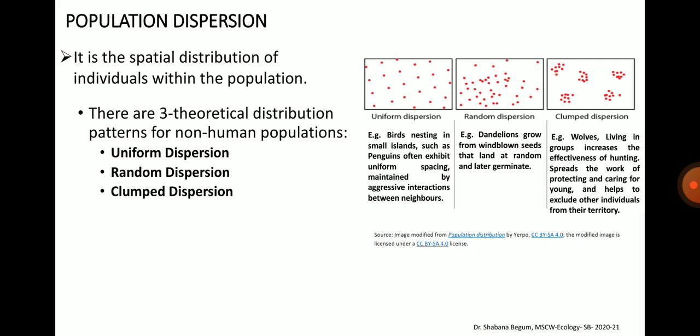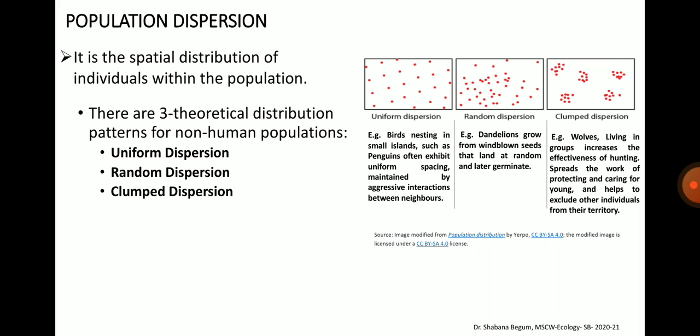In the case of uniform dispersion, also known as regular dispersion, the individuals of a population are regularly arranged and more or less spaced at equal distance from one another. This is rare in nature but is common in managed systems such as cropland, in fields or orchards.